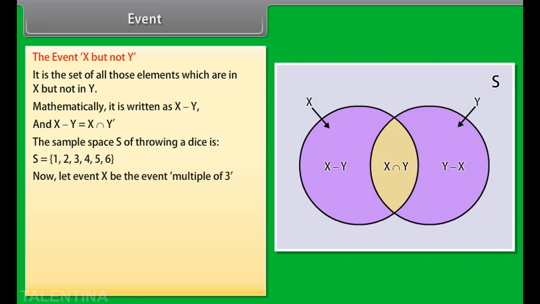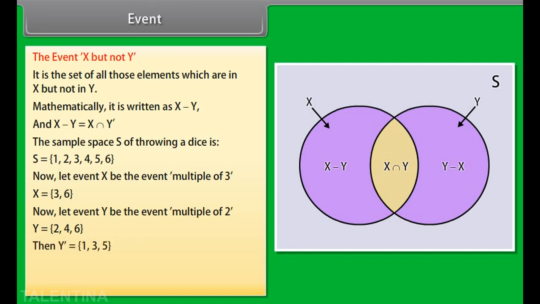Let event X be multiple of 3, X = {3, 6}. Let event Y be multiple of 2, Y = {2, 4, 6}. Then Y dash is {1, 3, 5}. The event X intersection Y dash is {3}.